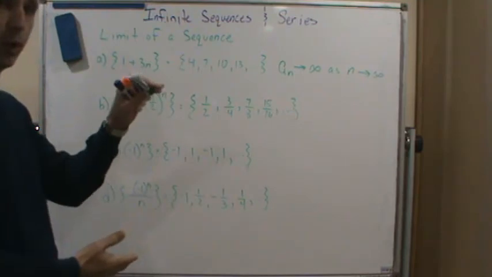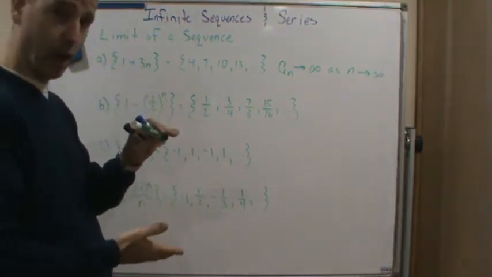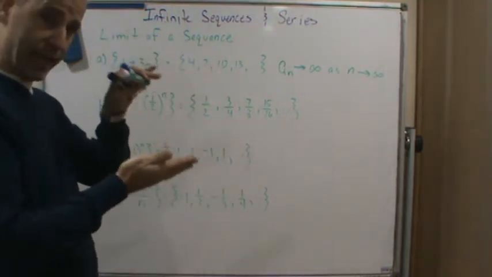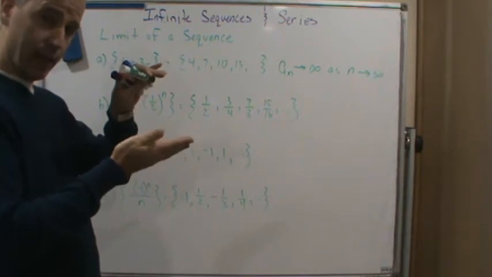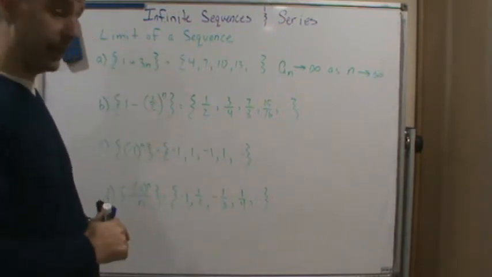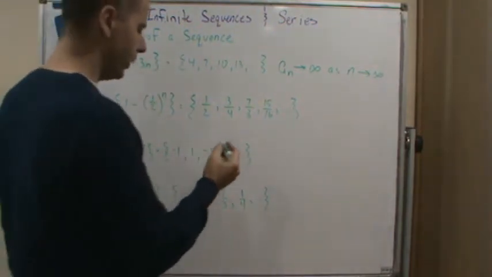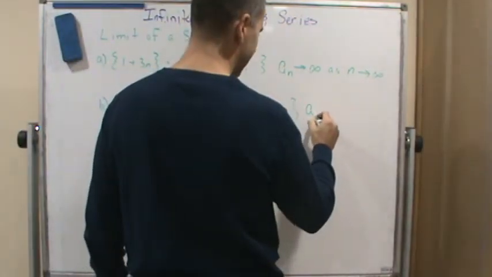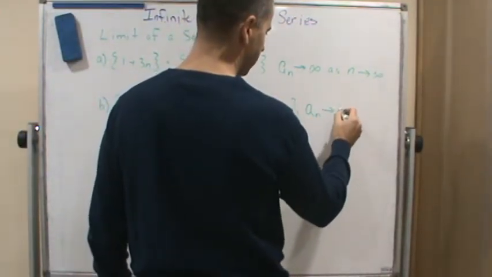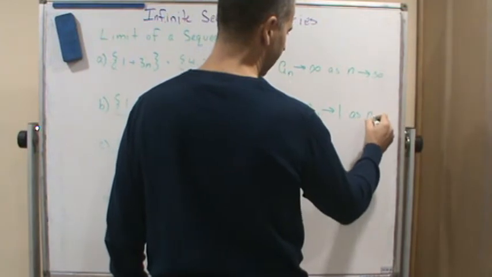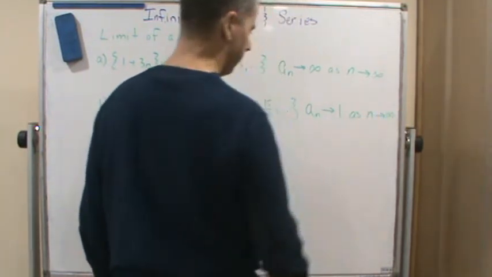Even though the numerator and the denominator are getting arbitrarily large, they're staying within a difference of 1, which means the terms are getting closer and closer to 1. So we would say that a sub n is approaching 1 as n approaches infinity.